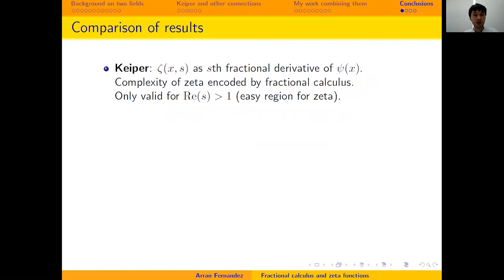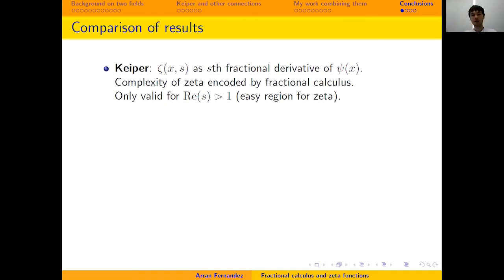We have the Hermite zeta function as a fractional derivative of the digamma function. The complexity of zeta is encoded by fractional calculus. Zeta function is very complex, very difficult thing, but all of that difficulty is given by the digamma function with a fractional derivative.